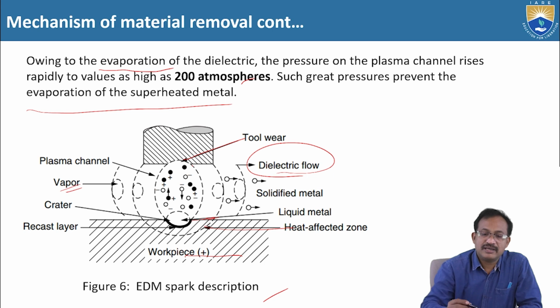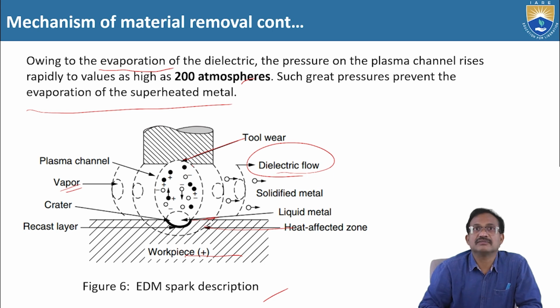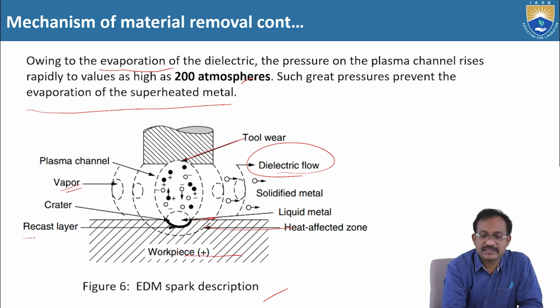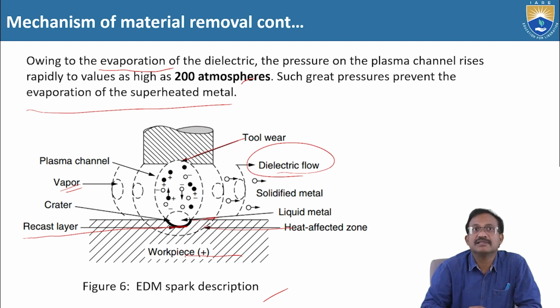Here you can see plus and minus: minus is attracted towards the workpiece, and the plus, that is positive ions, will be attracted towards the tool, that is the negative electrode.